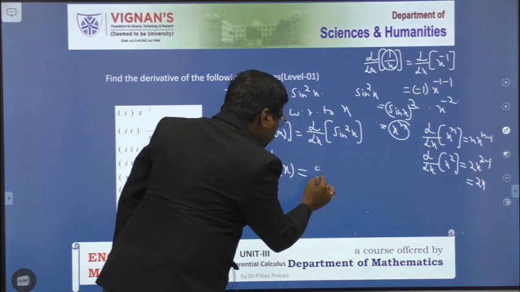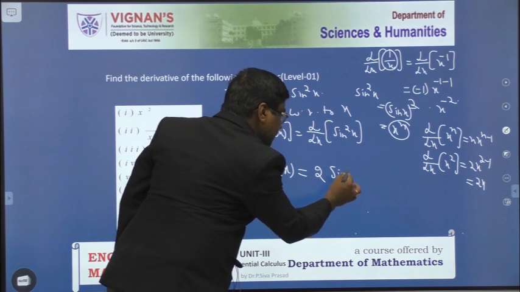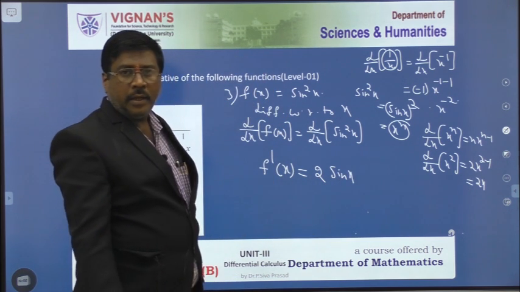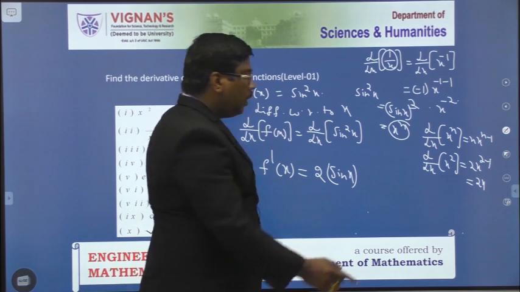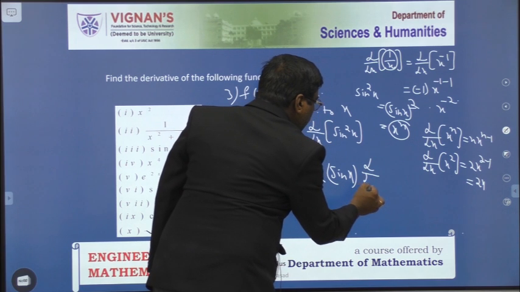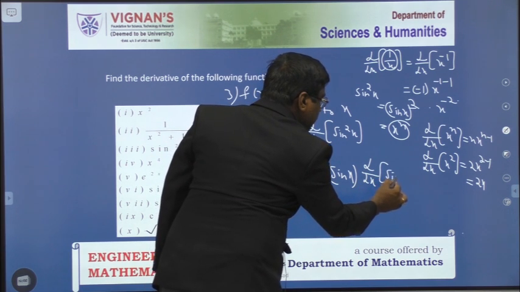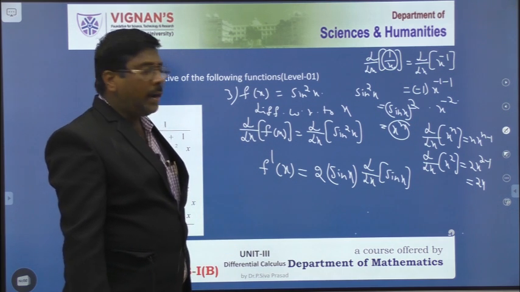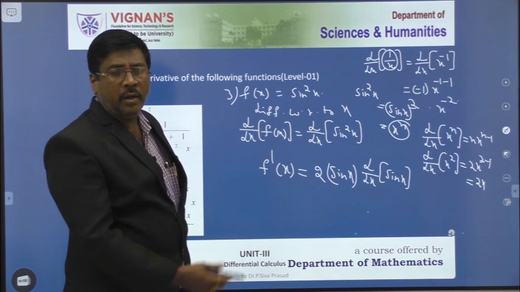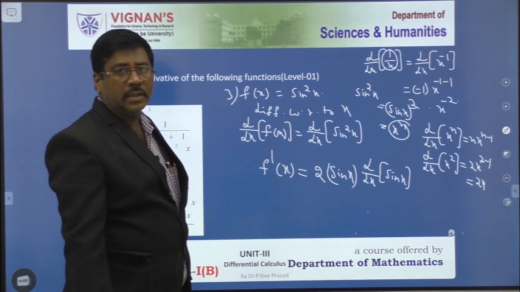Therefore 2 into sine x into the internal derivative, that is d by dx of sine x. What is d by dx of sine x? That I have already learned. The sine x derivative is cos x.